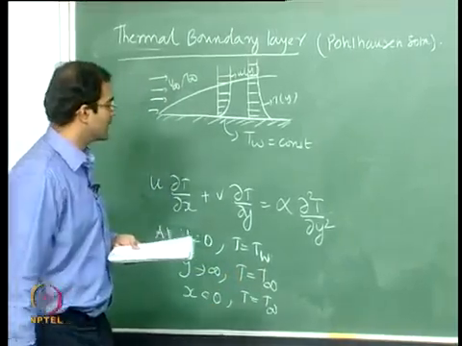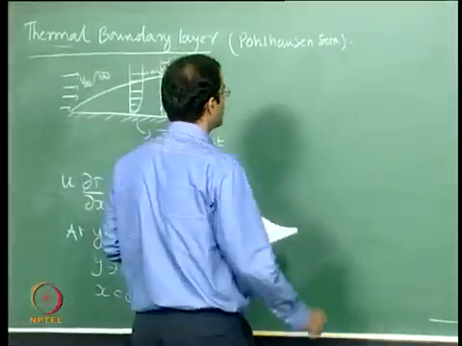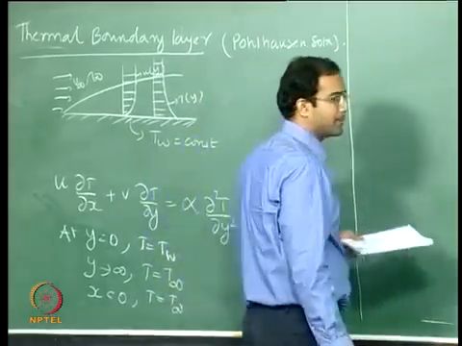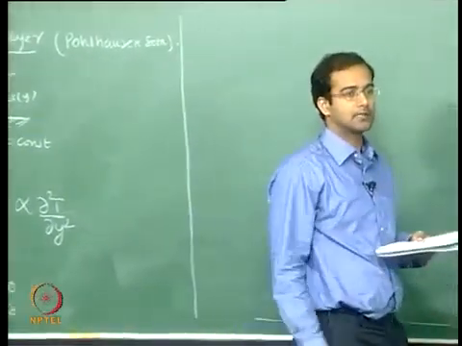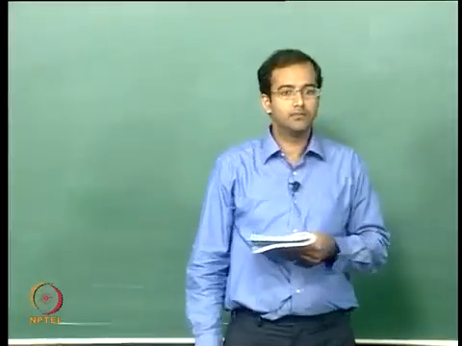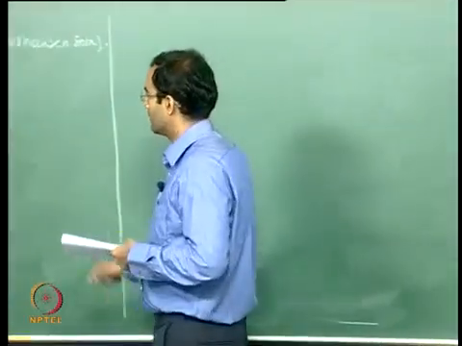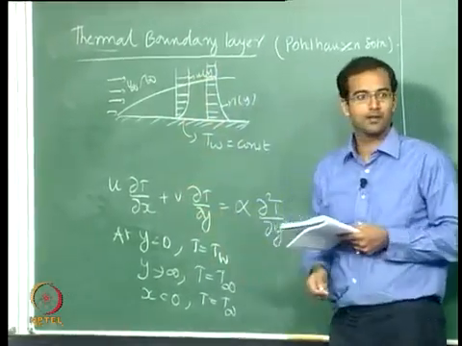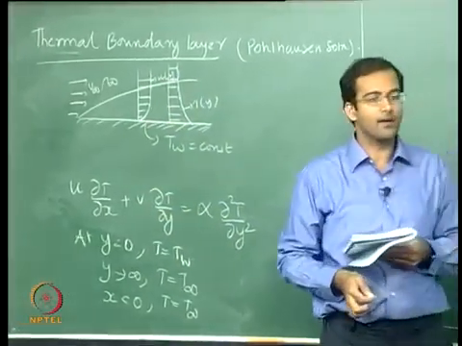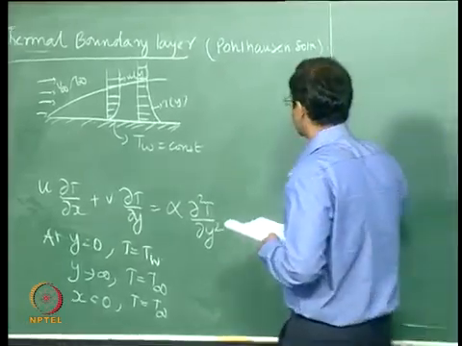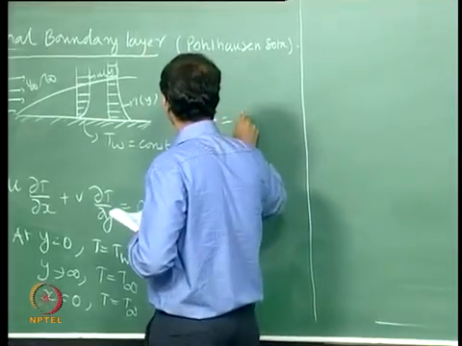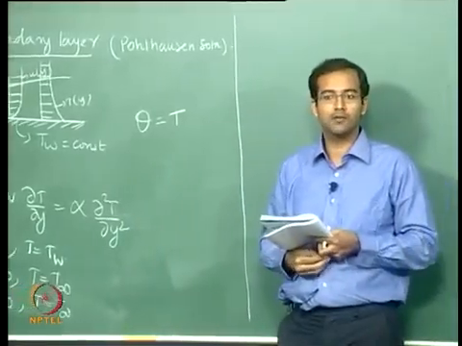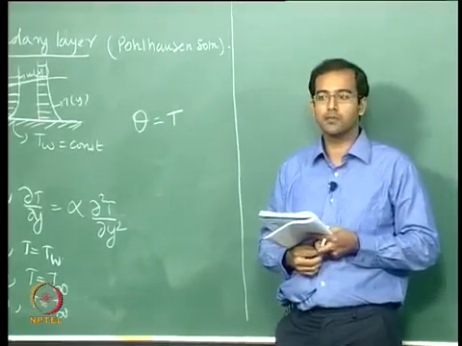Now I am going to define a non-dimensional temperature theta in such a way that it is exactly identical to the velocity profile. So I want to convert this profile into something like a velocity profile. How do I define my theta? T minus T infinity? If I do that, at y equal to 0, is it going to be 0?